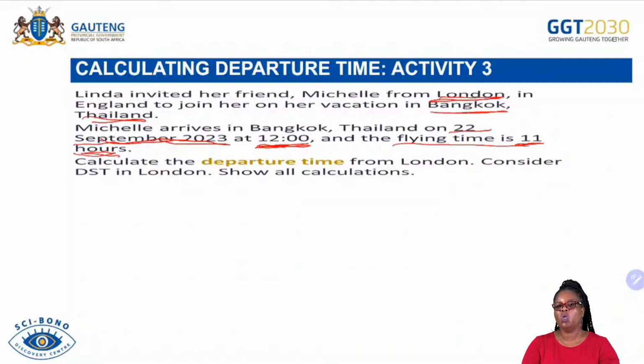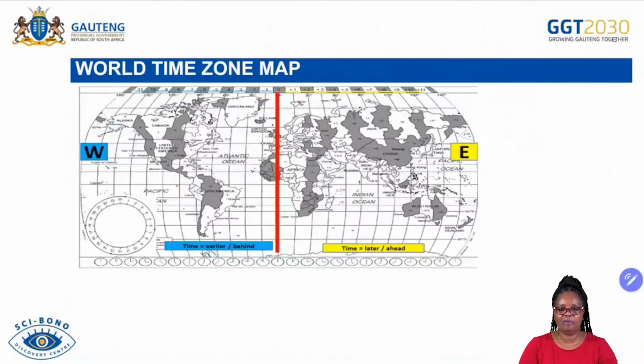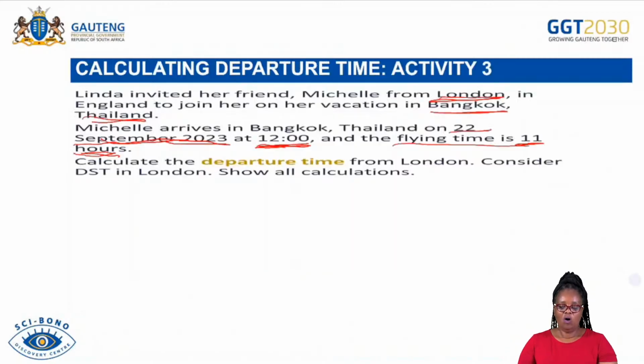Before you can even look at what the question wants, you need to highlight what is in the scenario. So we have highlighted the places, the time, and the flying time.